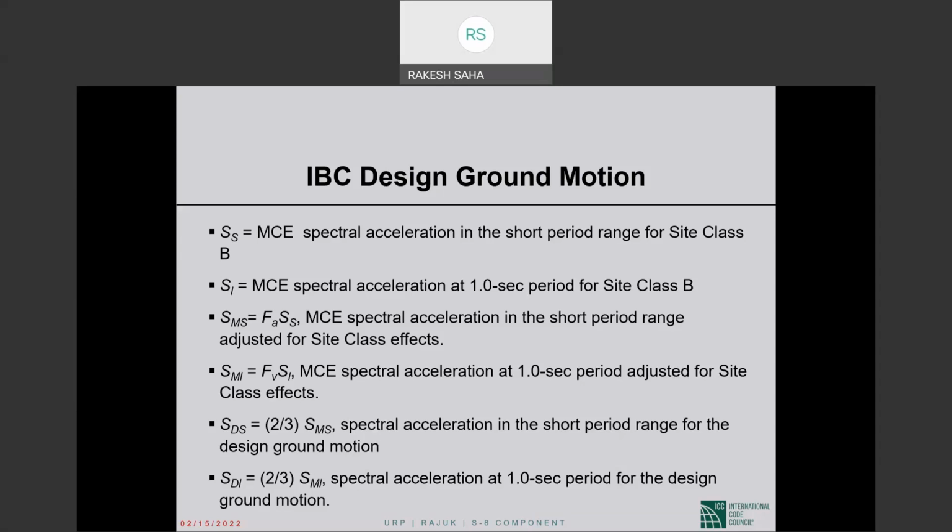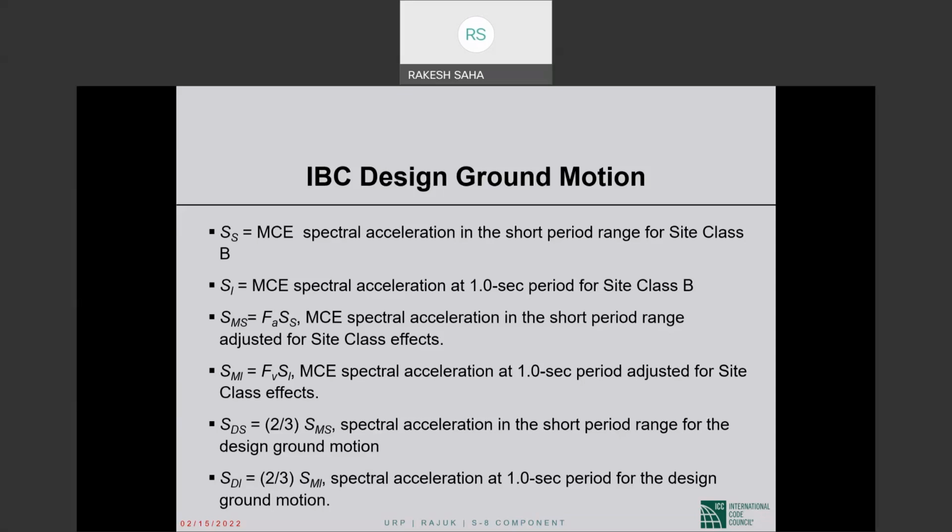We multiply S sub S by the F sub A that we introduced, the short period site coefficient, obtaining S sub MS, the soil modified short period ground motion parameter. This is also for the maximum considered earthquake. The difference between S sub S and S sub MS is that S sub S is for site class B, S sub MS is for your particular site class.